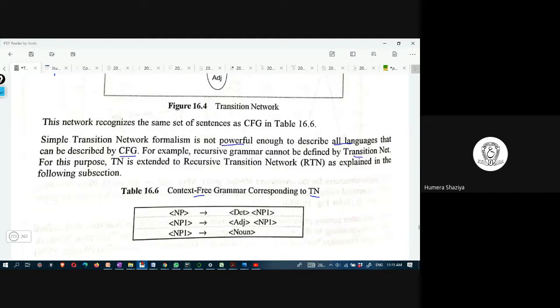If there is a recursive grammar, what does it mean? Suppose NP1 has one noun phrase having another noun phrase or another verb phrase or another prepositional phrase, like recursion, one inside another. Then the transition network is extended to a recursive transition network.